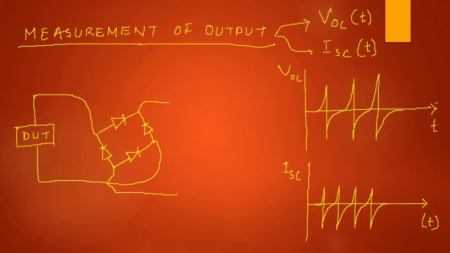Here you have a capacitor, and then you have a load resistance. So this is a capacitor and this is your load resistance, which will be connected, and then finally you are measuring this.